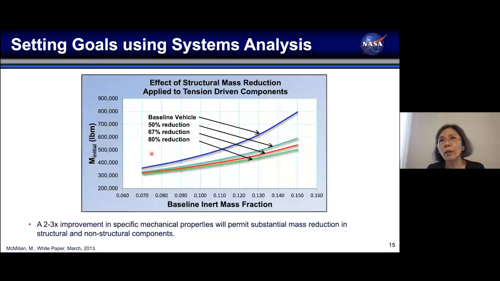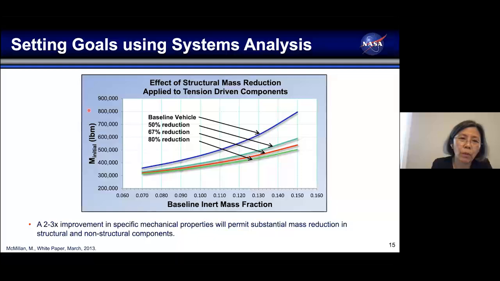And the question that we asked was, how much better does this material need to be? How much better does a composite need to be for it to make a difference? So the idea is that if we cannot outperform carbon fiber composites, why would anyone consider using it, right? So this is a systems analysis that was done by Mark McMillan and the Systems Analysis Directorate.